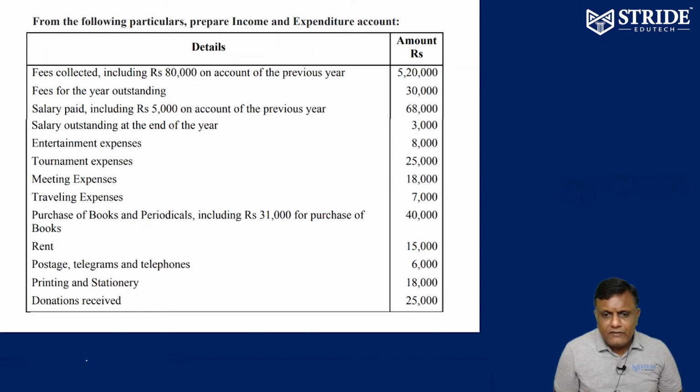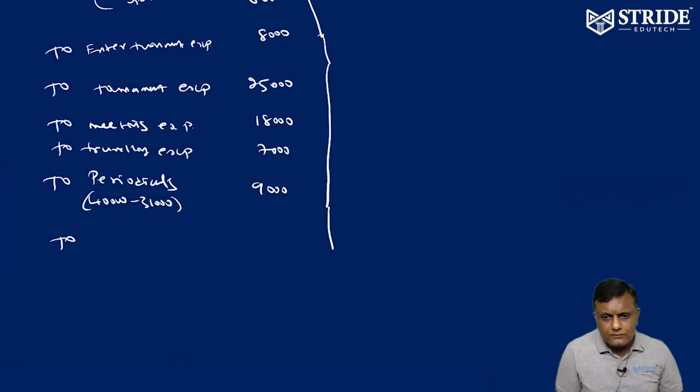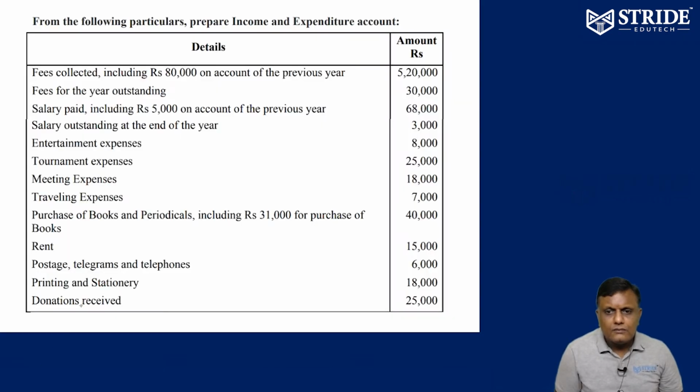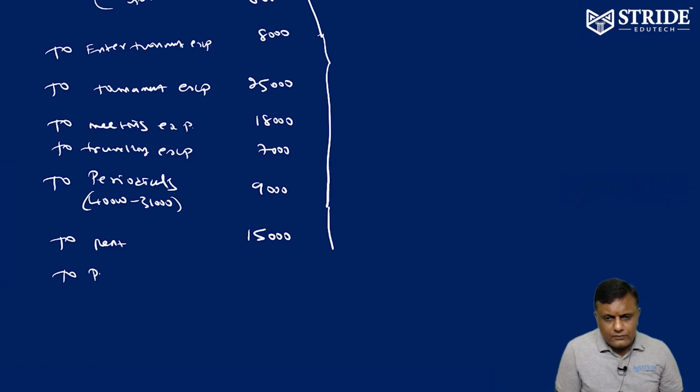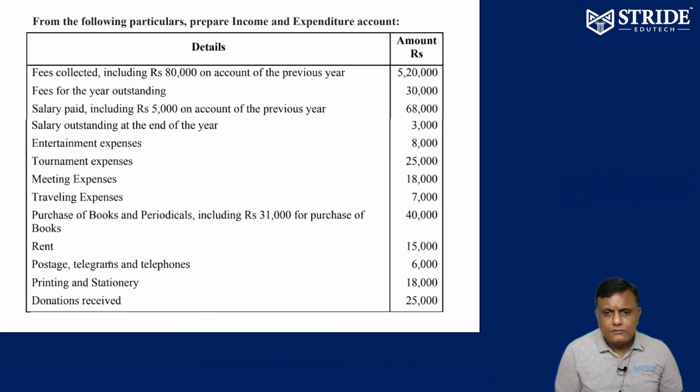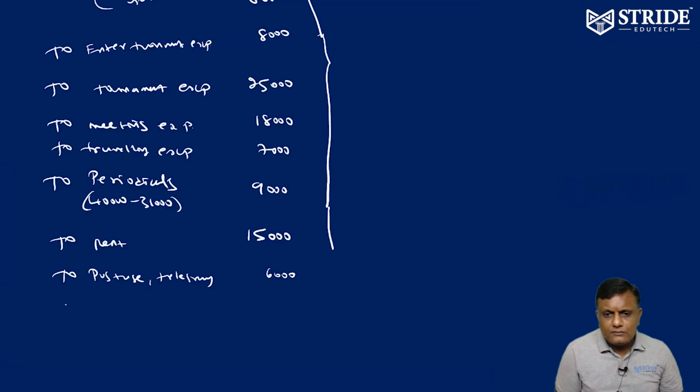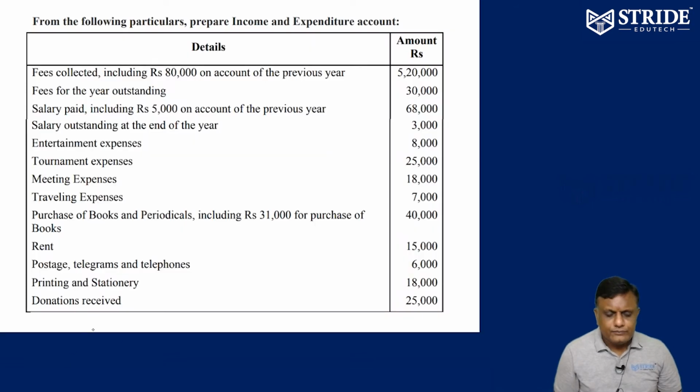Next, rent 15,000. Postage, telegram, telephone 6,000. Printing and stationery 18,000.